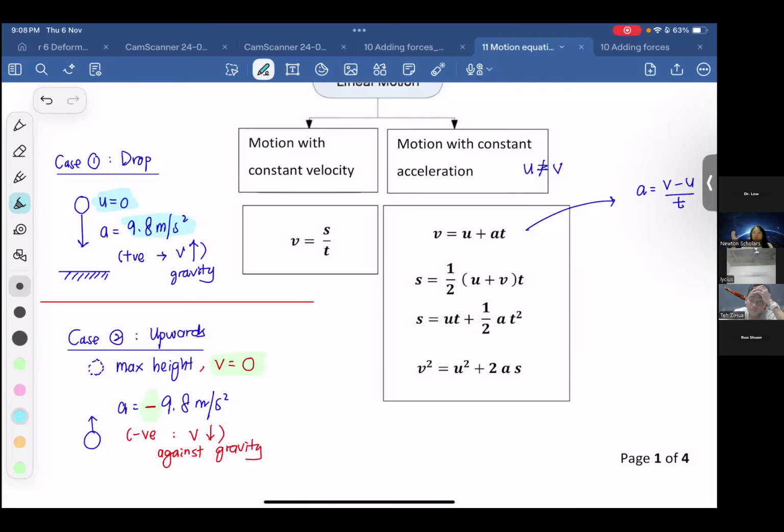Slow down. When you throw something upward, it goes against your gravity pulling, so the object will slow down until maximum height. It doesn't have any speed, and it will fall down again. So why negative? Because velocity slowing down is deceleration. Why deceleration? Because we are against gravity. Is it okay, Teresa?